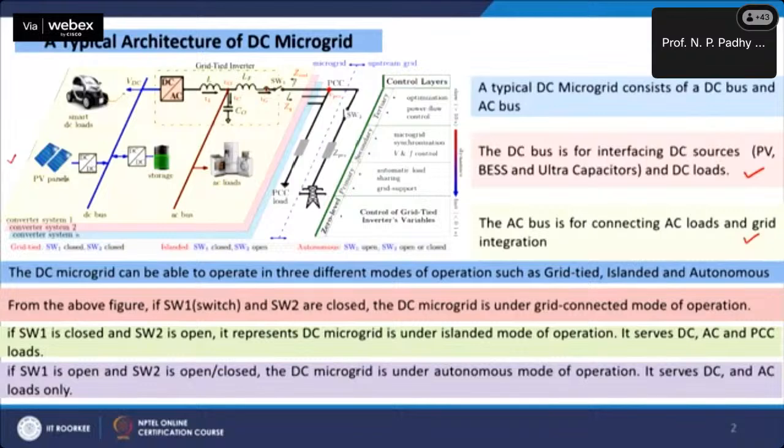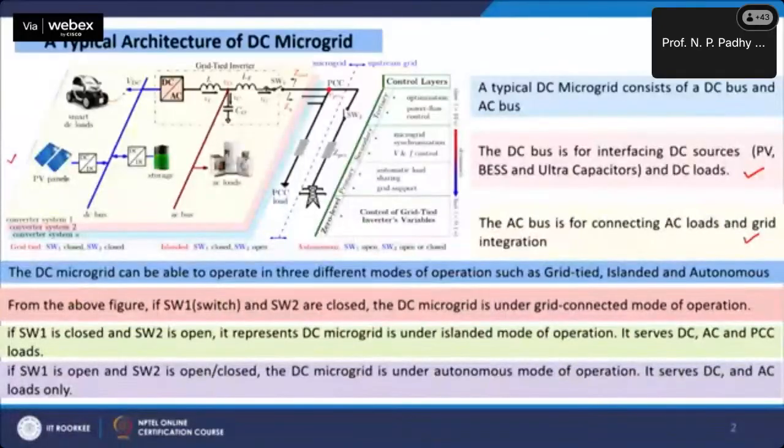From the above figure, we can see there are two switches, switch 1 and switch 2. Those are closed at the initial stage, and the DC microgrid is under grid connected mode of operation. Based on the switching on and off positions of SW1 and SW2, the architecture of this grid may behave differently. If both SW1 and SW2 are closed, then the DC microgrid is under grid connected mode of operation.